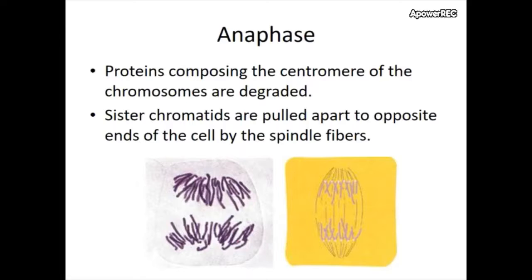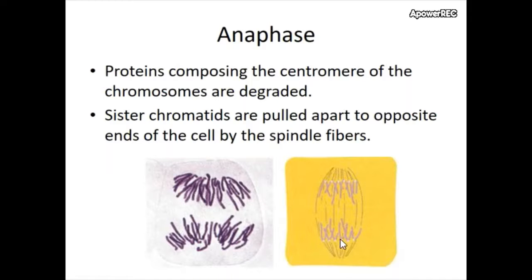The next step is anaphase. In this phase, the sister chromatids separate at the kinetochore. Remember, the sister chromatids are almost perfect copies of each version of each chromosome. So each homologous pair is replicated into a sister chromatid.